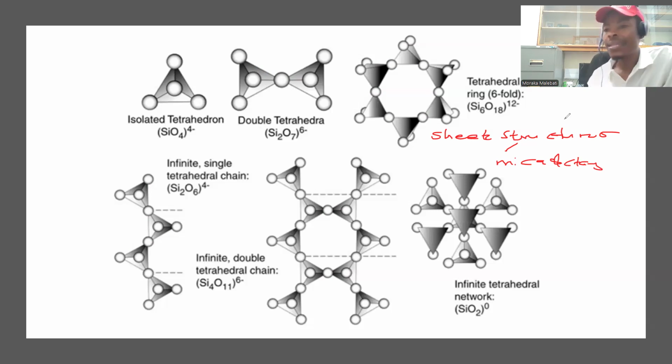So the micas and the clay minerals have these sheet structures. You know what you call a flip file, what we use to keep our paper safe? They are the phyllosilicates. They are basically layers of tetrahedra.